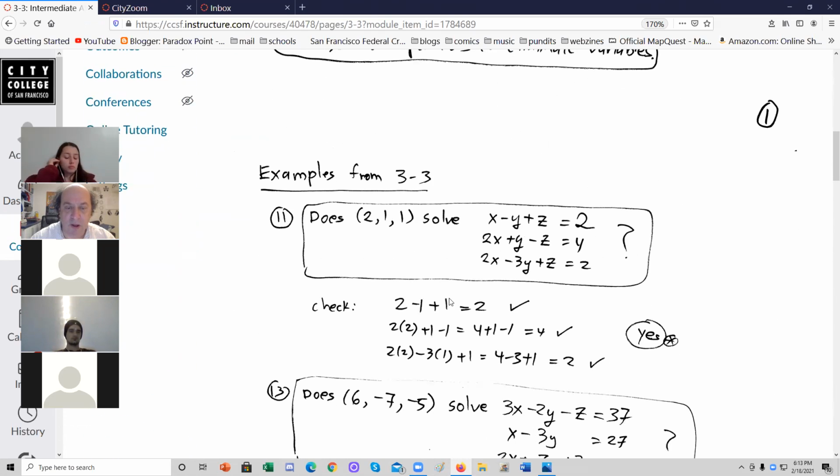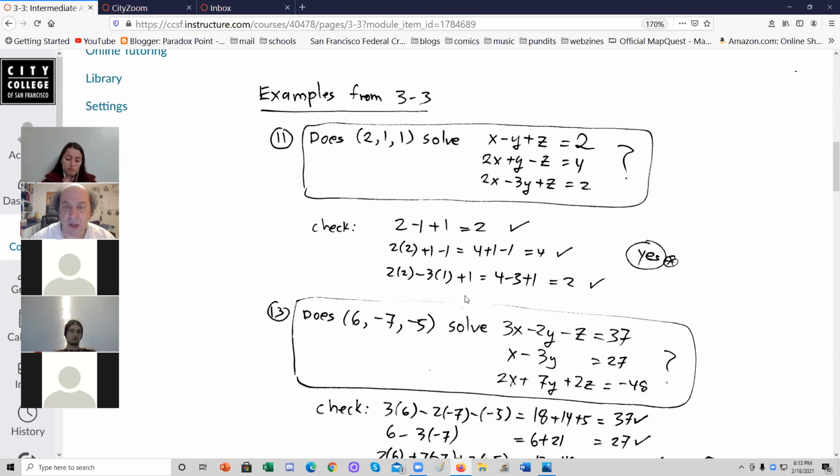Now here are two cases of checking a solution of a system. Does (2, 1, 1) solve x minus y plus z equals 2, 2x plus y minus z equals 4, 2x minus 3y plus z equals 2? Plug in 2 for x, 1 for y, 1 for z. The first equation becomes 2 minus 1 plus 1, which does equal 2.